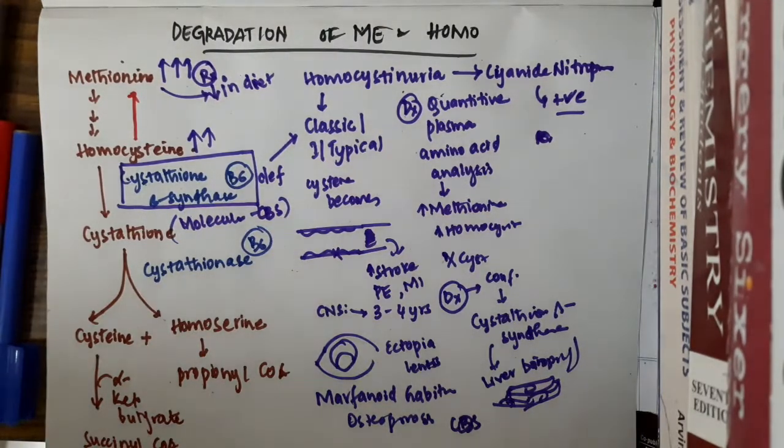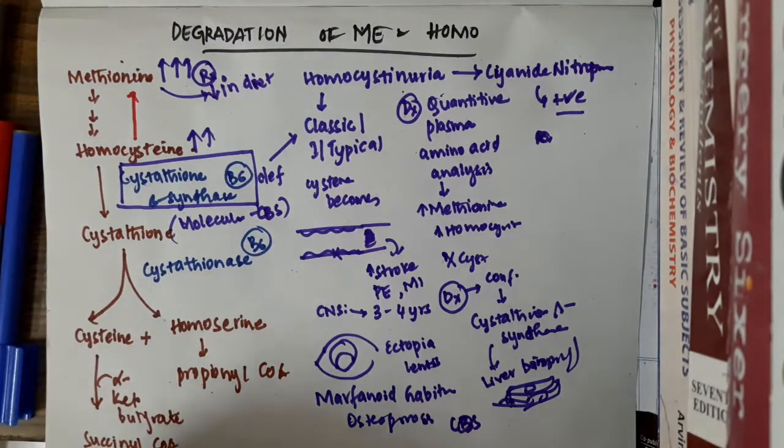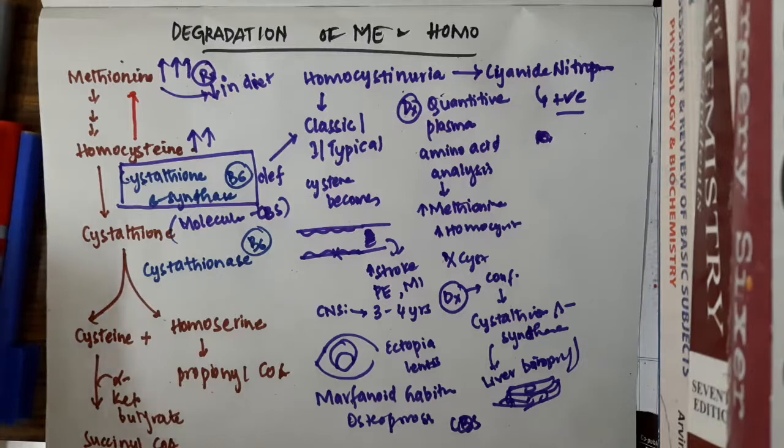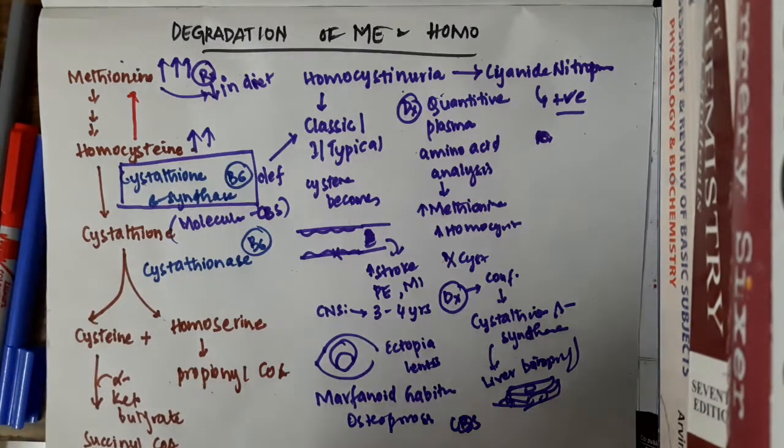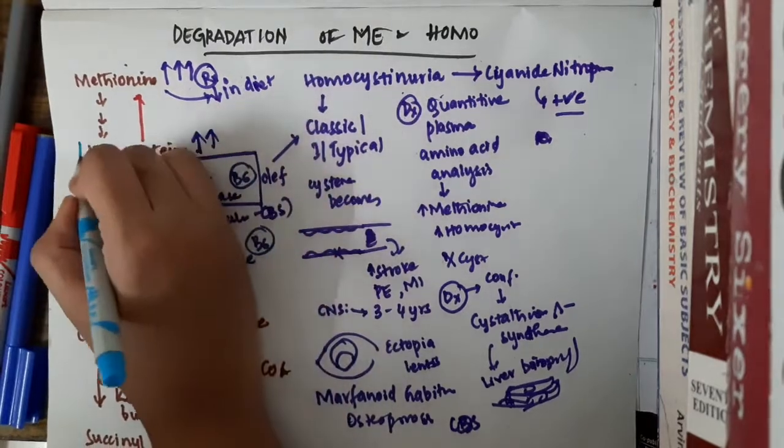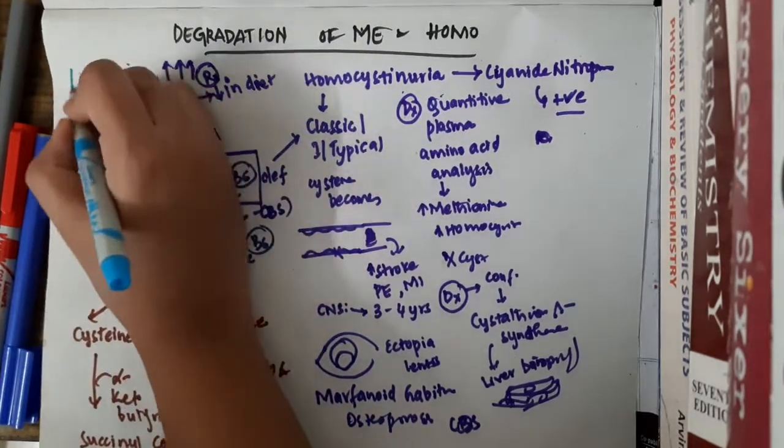Then, if there is classical or type 1 homocystinuria, there should definitely be type 2 or non-classical homocystinuria. In type 2 or non-classical homocystinuria, the defect is mainly present in the conversion of homocysteine to methionine.